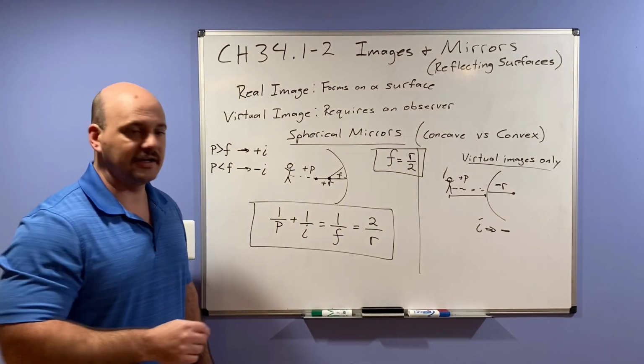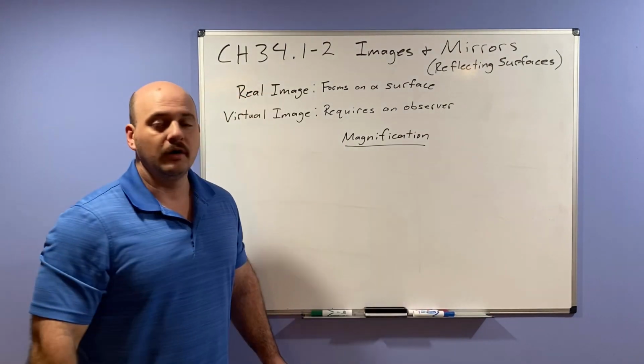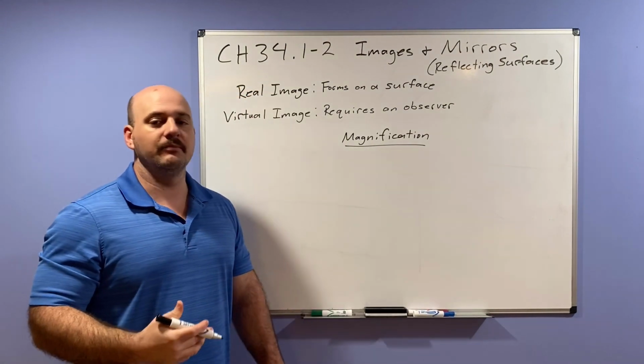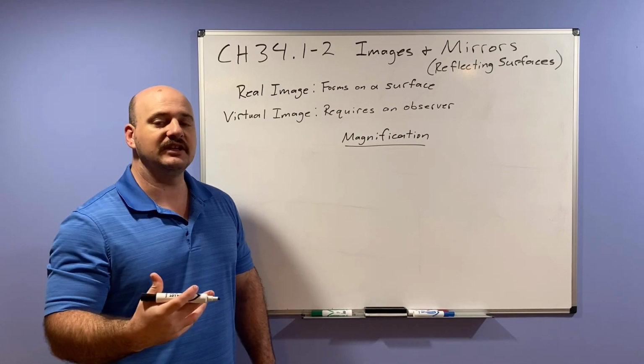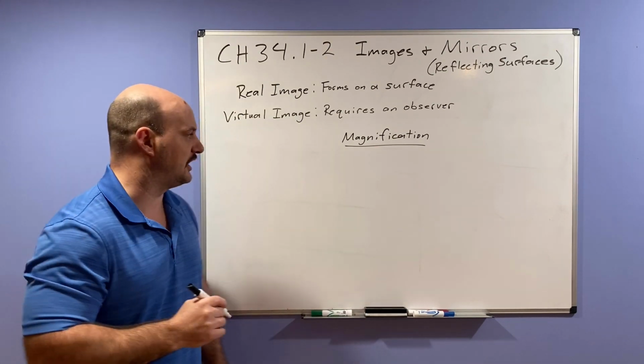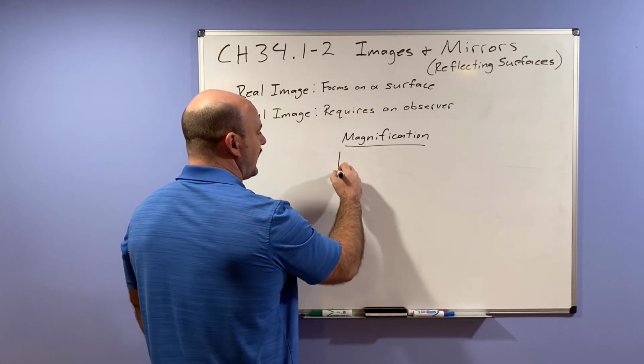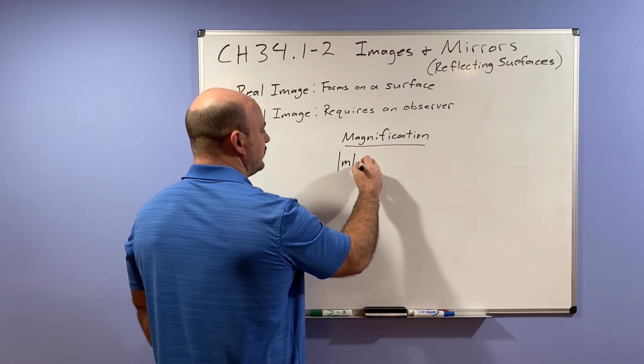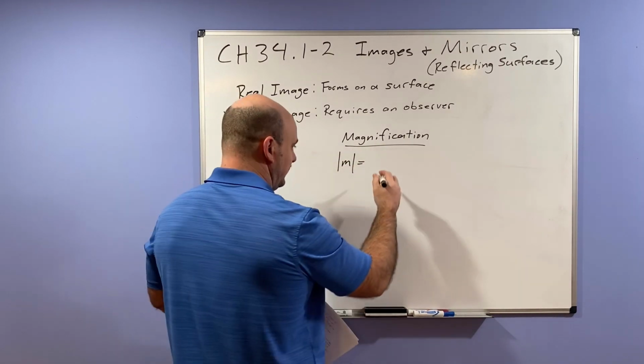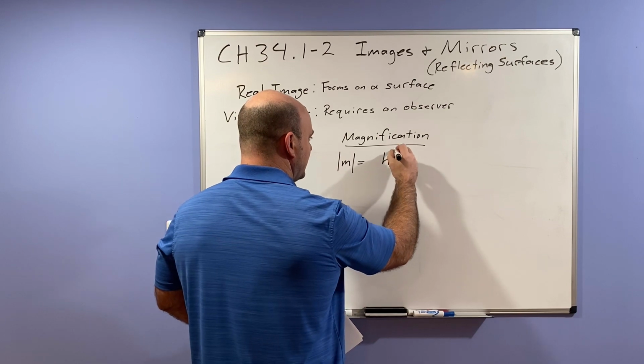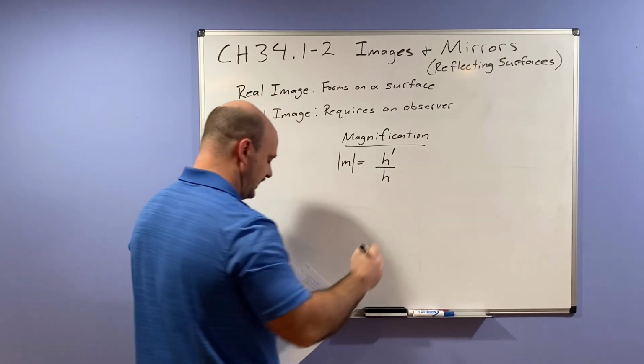Okay, let's talk about magnification real quick. Magnification is just a measure of the size of the image compared to the size of the object. So the absolute value of the magnification is equal to the image height, that's h prime, over the object height.